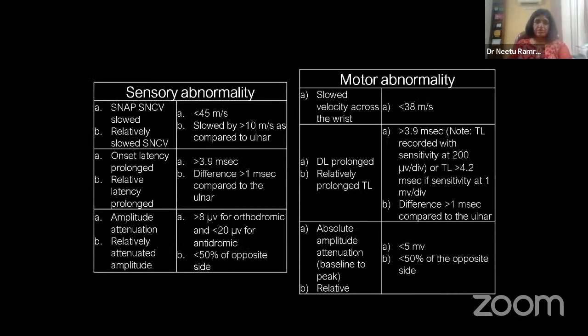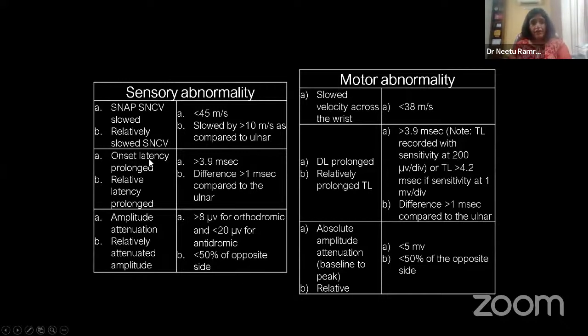Now, what is important? The SNAP, that is the sensory potential, the NCV is either slowed in absolute terms or slowed by comparison. So it's a difference of 10 meters per second slower as compared to ulnar.